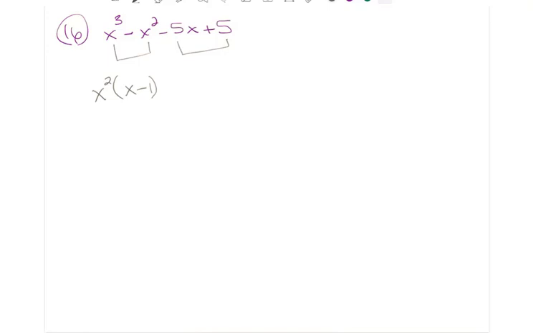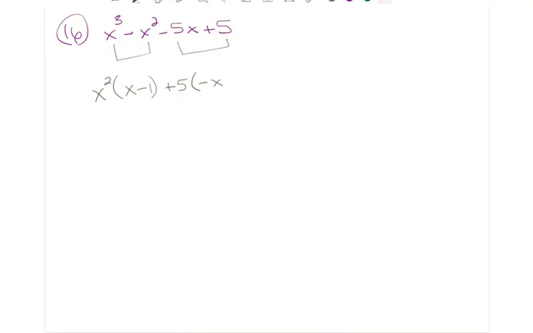So on the second group, we got to make a decision. We either have to factor out -5 or a +5. You want to do a +5? So if we factor out a +5, to get to -5x, we'd have to multiply by a -x, right?